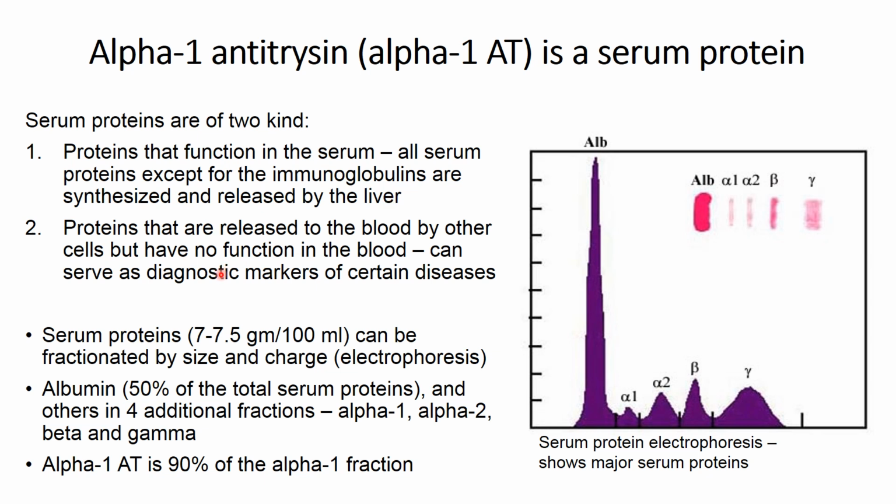There are additional proteins circulating in the blood that are not functioning there, but they are released by other cells, most likely by cell death. You may recall that there are certain enzymes, certain proteins that can be used for diagnostic purposes by detecting the elevated level of these proteins in the blood.